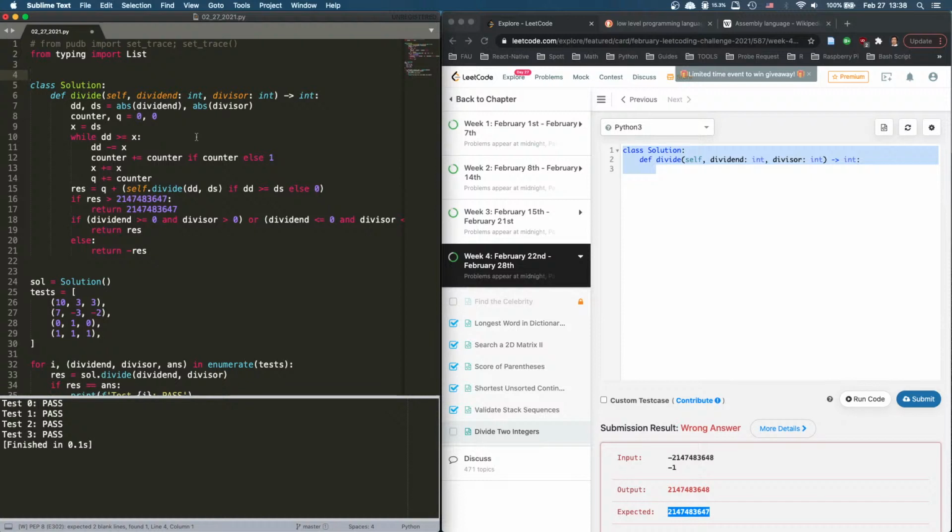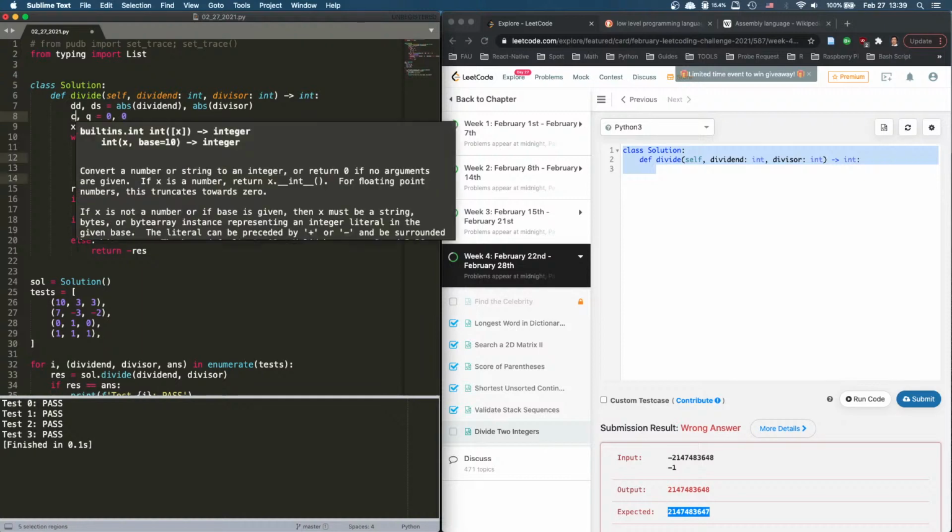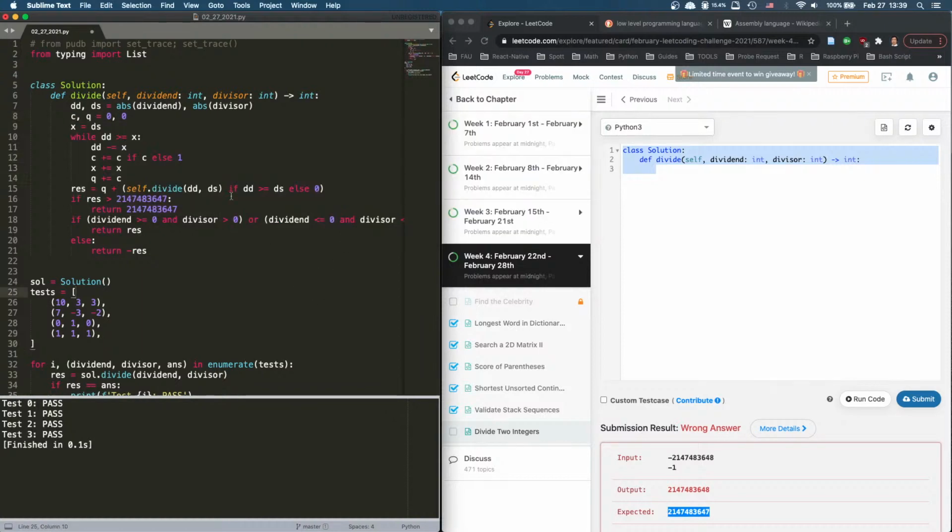The q can just add plus q times 2. No, it cannot be q times 2. It's the number of times that we have incremented x. So it is a counter, but probably don't call it counter because I want to make it a little bit shorter. Let's call it c, right? It's a c, it's a counter. And then this is just a counter.